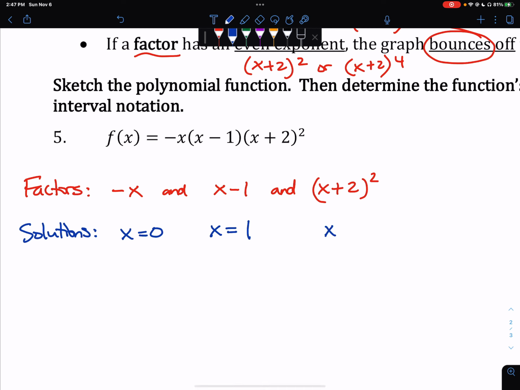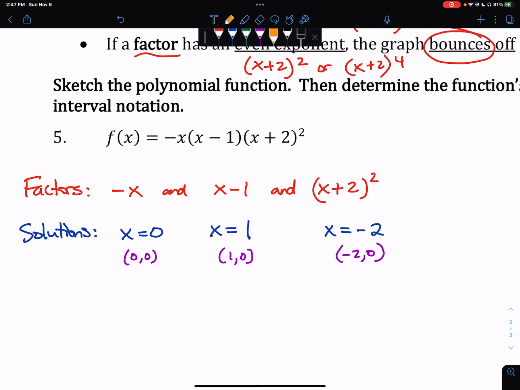And the last one would be negative 2. And so we're going to put these on our graph as (0, 0), (1, 0), and (negative 2, 0). Those are going to be my x-intercepts, my zeros.